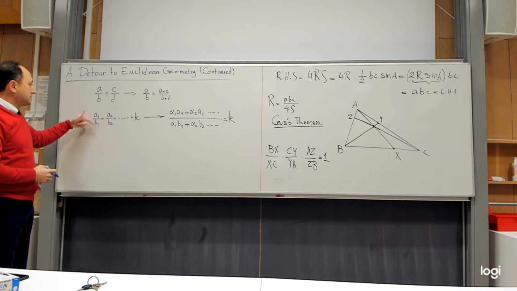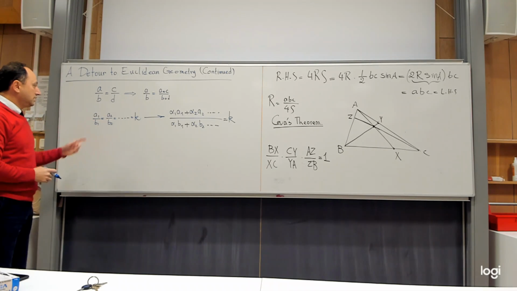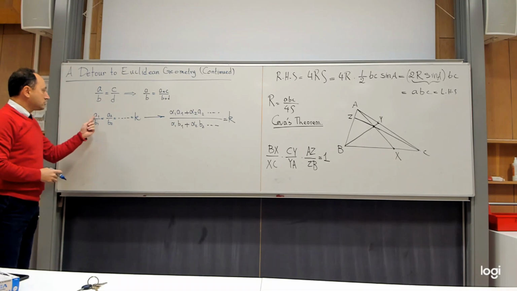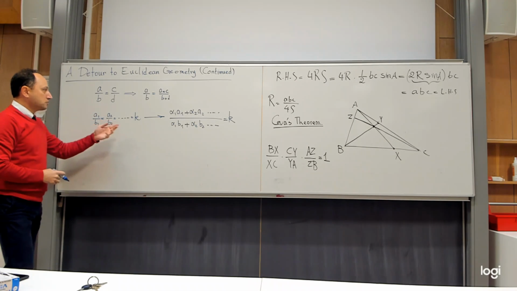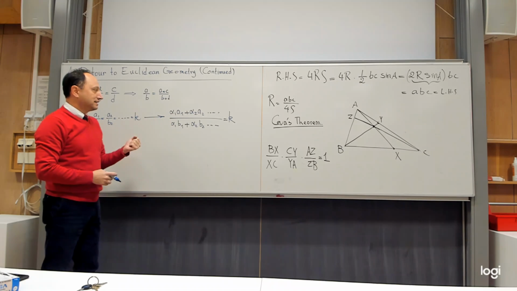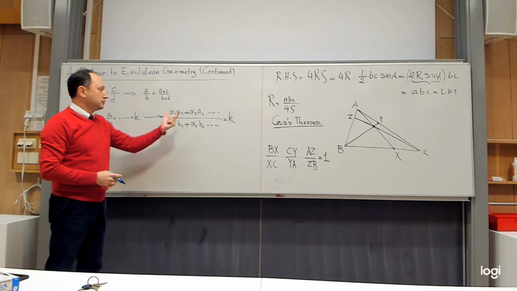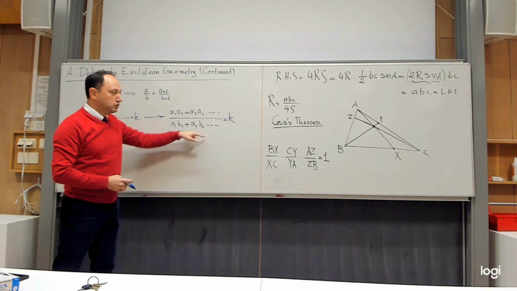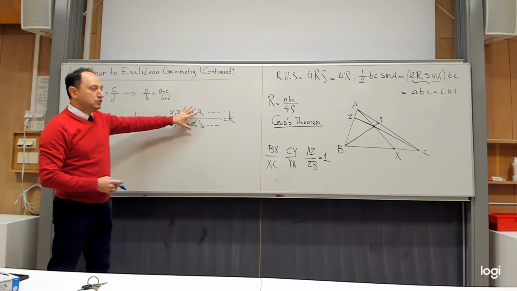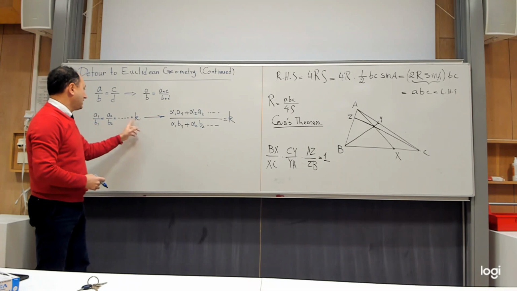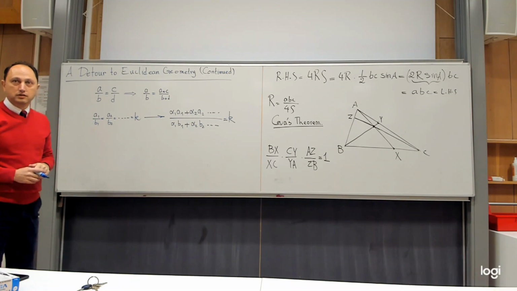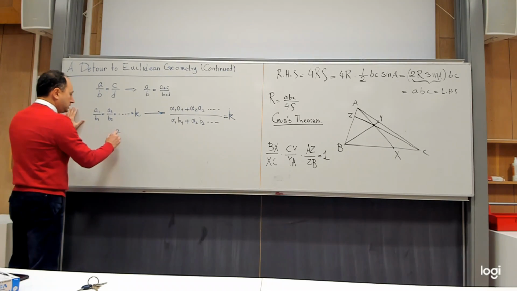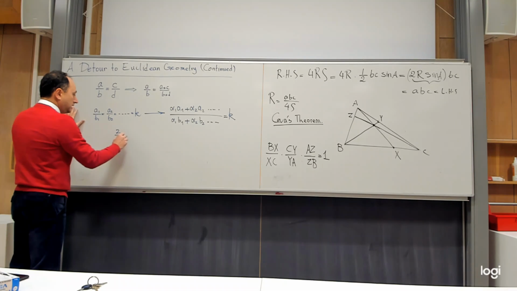So if I have a set of fractions equal together, if I start multiplying the fractions by different numbers and adding them, and whatever I had done for the numerators, I do with the denominators, then I will make a new fraction, but the value of the new fraction is exactly the value of the previous fractions. So for example, it's clear that 2 over 4 is 3 over 6.